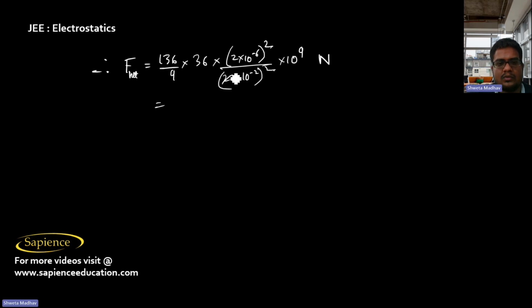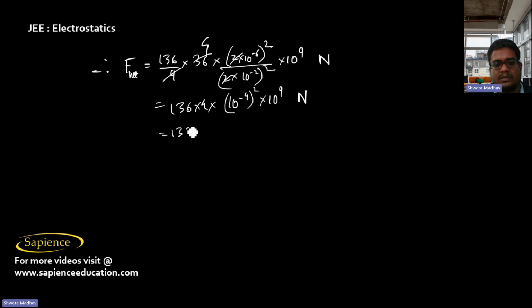The 2 will cancel, 4 9s are 36. So 136, 36 into 4 into (10 power minus 4) whole square, 10 power 9 Newton.